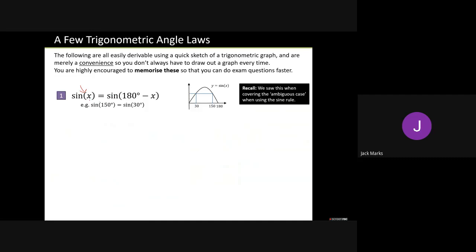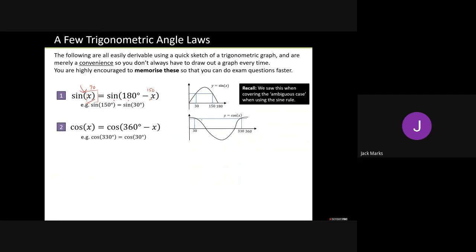So you can find a value by doing sine of 180 minus the other value. So for example, I suppose you could find sine of 30 by doing sine of 180 minus 30. So sine of 30 is the same as sine of 150. And that's what this diagram is showing us. So this is one of the key rules.